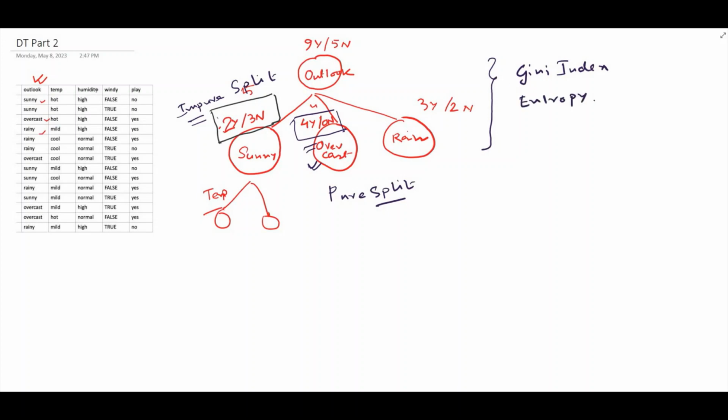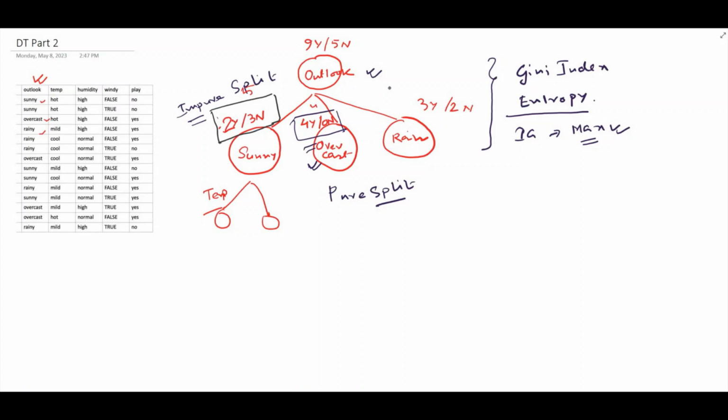Also, right now I started with outlook, so why not temp or humidity? We will calculate that by information gain. Whichever feature gives me the maximum information gain, I will select as my starting point. Clear up to this?